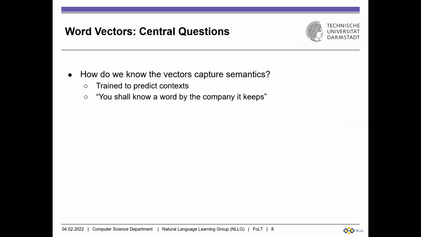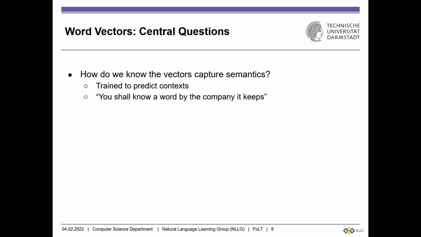And to understand why they do capture semantics, we need to understand how those vectors have been derived. Simply speaking, those vectors capture semantics because they have been trained to predict contexts, and context is one definition of semantics. So there's an old definition from the 1950s that says, you shall know a word by the company it keeps.